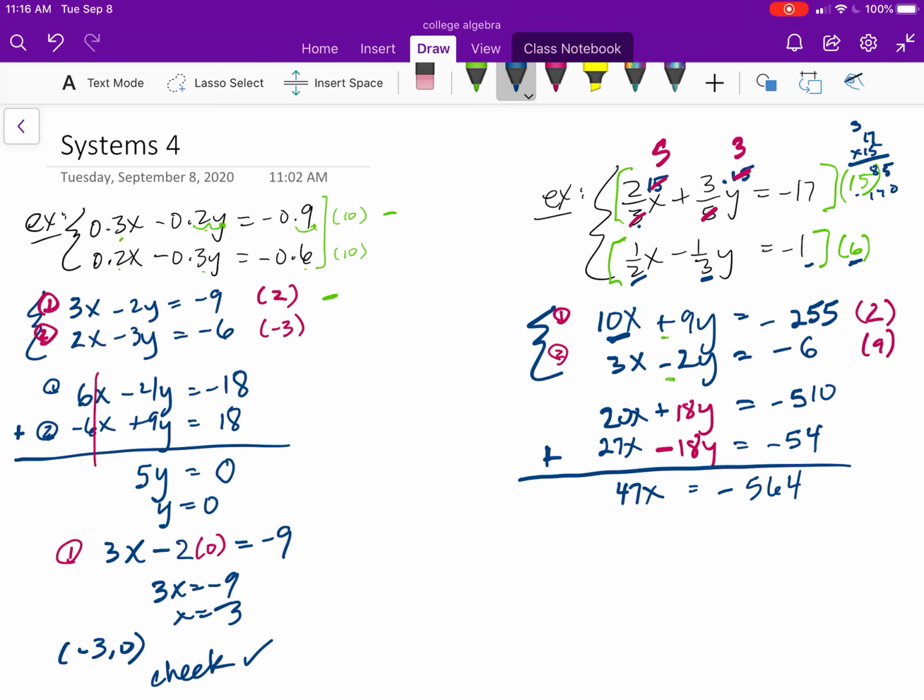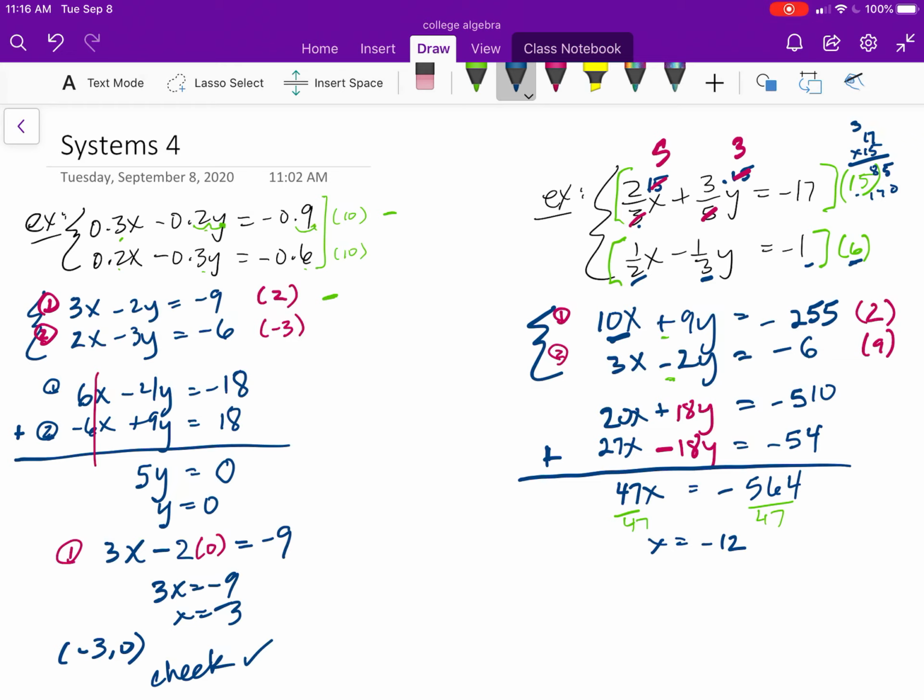Okay, divide by 47 on both sides. Of course, you're more than welcome to use a calculator as well. That's going to be negative 12, it looks like this should work. Okay, so x is negative 12.